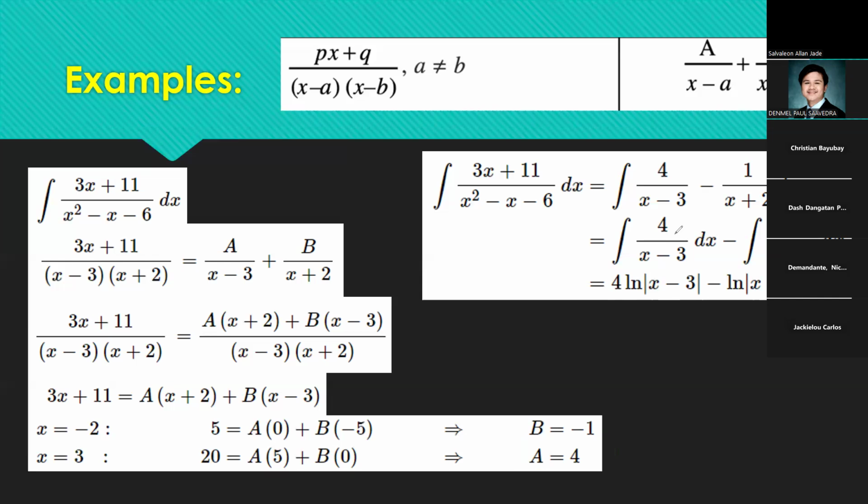So it's working u du, and we can now use the logarithmic formula. So it's now 4 ln of x minus 3, minus, just bring this one out again. The derivative of x plus 2 is simply dx, which is again a working u du. So we can use the logarithmic formula, and it's now ln of x plus 2, plus c.